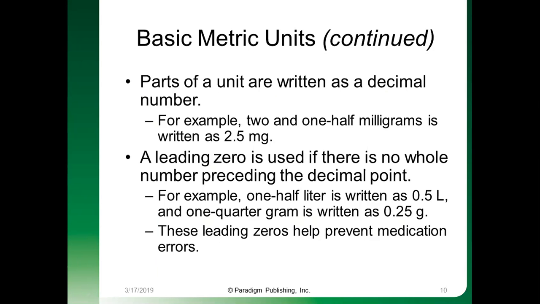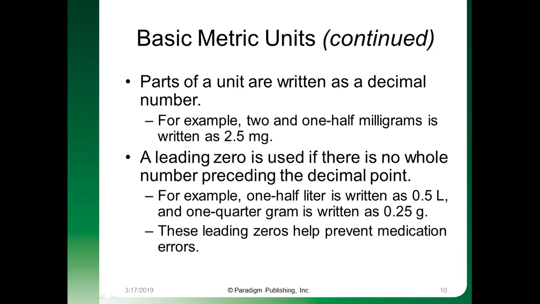Parts of a unit are written as decimal numbers. For example, 2 1/2 milligrams is written as 2.5 milligrams. A leading zero is used if there is no whole number preceding the decimal point. For example, 1/2 liter is written as 0.5 L, or 1/4 gram is written as 0.25 grams.